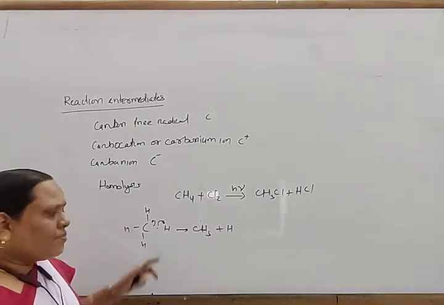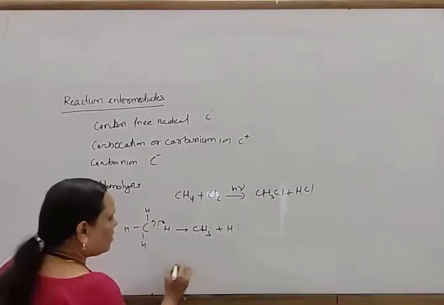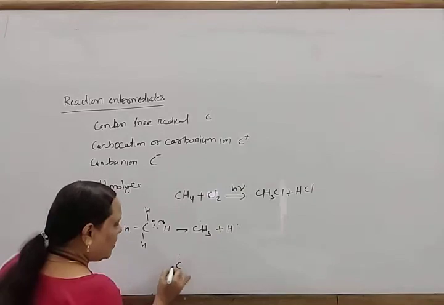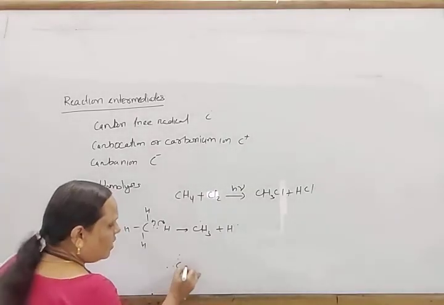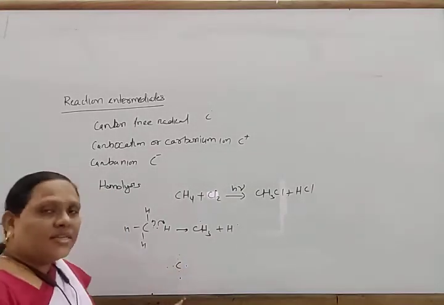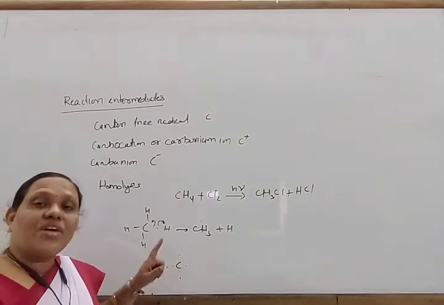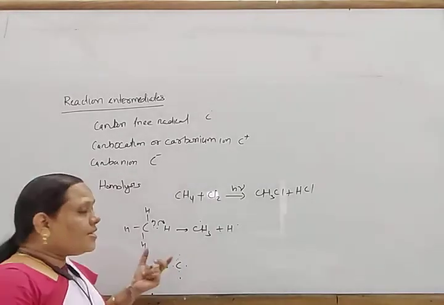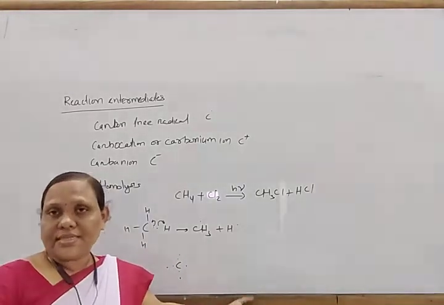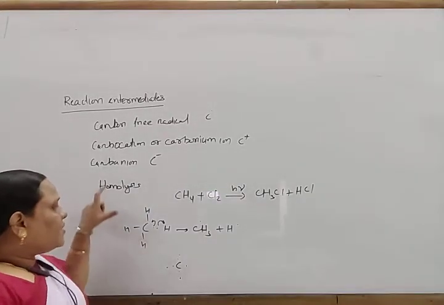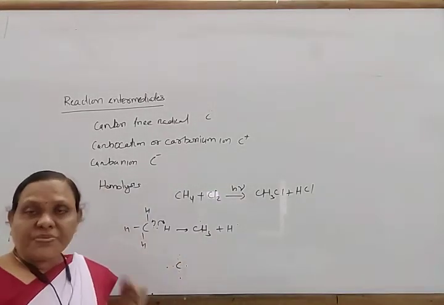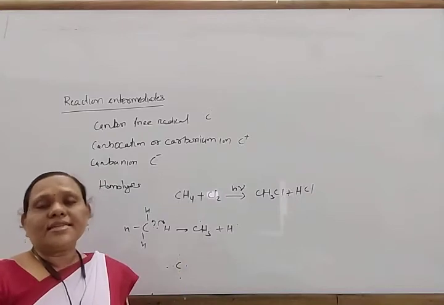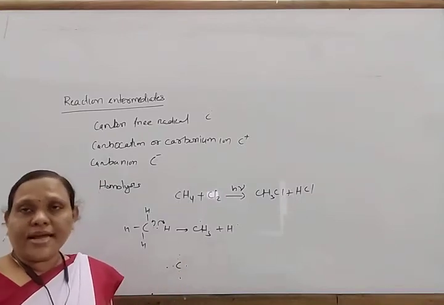Here the carbon atom is surrounded by pairs of electrons and one odd electron, and this is highly reactive and again reacts with other species. This is the generation of the free radical.